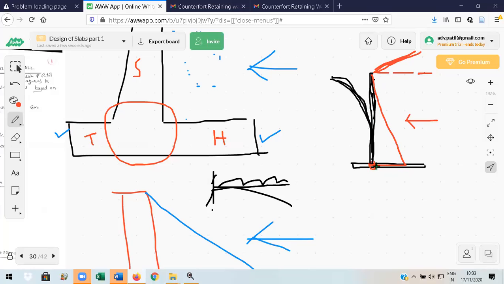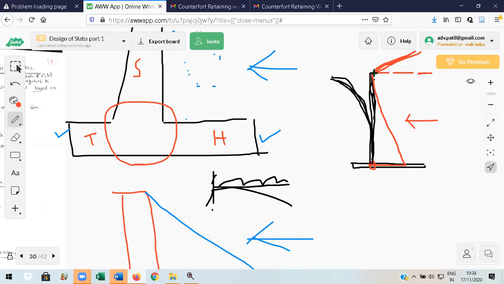It means maximum moment will be there at the junction. That is why the thickness at the base is maximum. Since bending moment is maximum at the base, the thickness requirement will be maximum at the base. It is 0 at the top. Theoretically thickness can be 0, but there are practical reasons: I have to embed the steel inside, some cover is required, and there are maintenance issues.